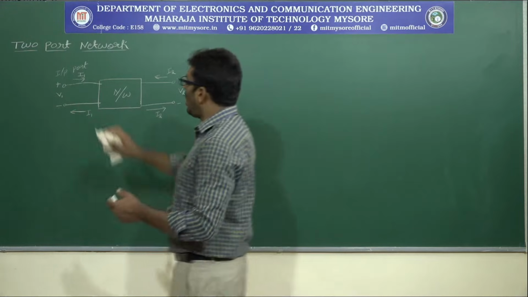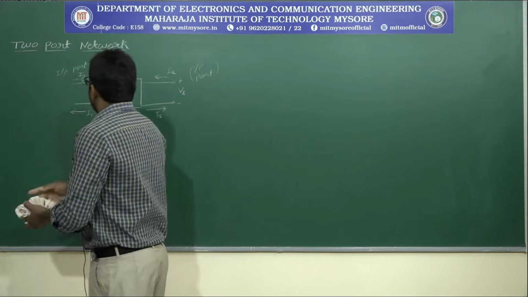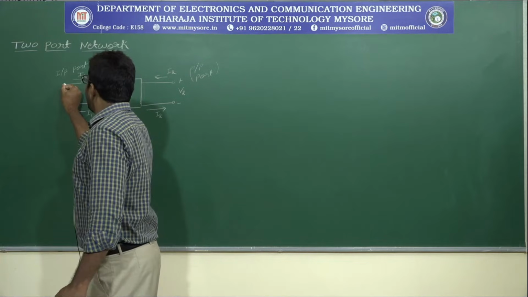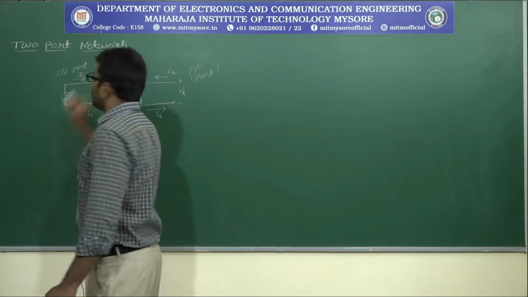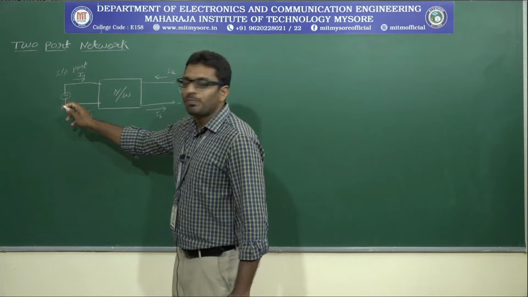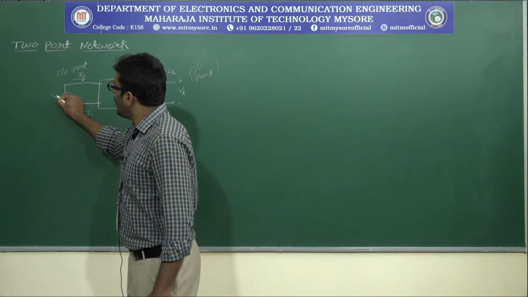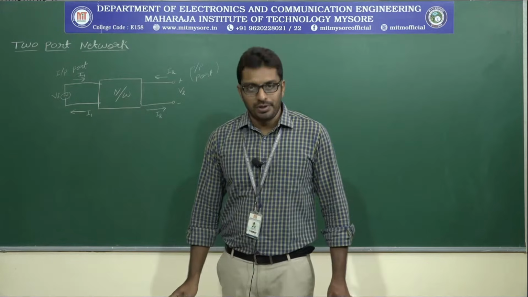Let me draw how we can connect a source to the input port. Just see here, this is the input port. We can connect a source like this. Is that clear? So this one is known as the input port. Vi is the input voltage.